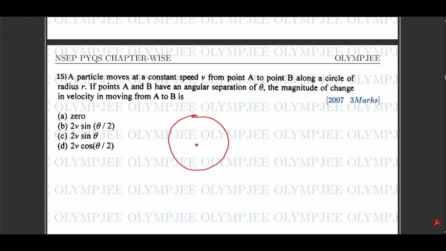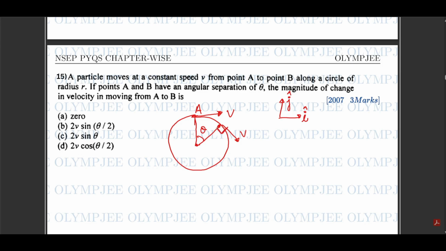Let us choose the point A to be vertically above the center without loss of generality. So point A is here. B will be in i direction. This is i direction, j direction. So after theta, the point will be somewhere around here.